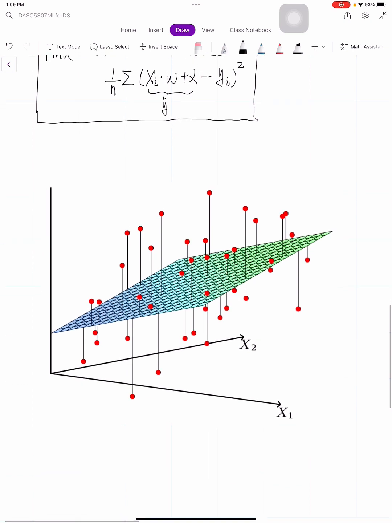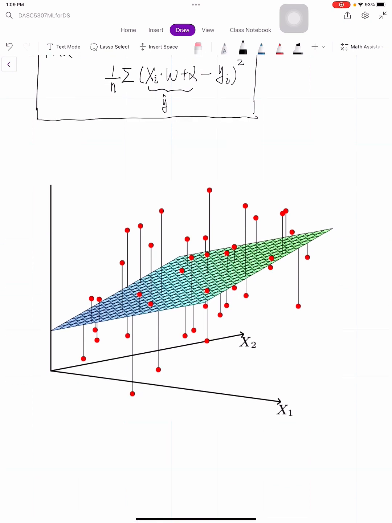So here is one example. Suppose we have a data set with 2 independent variables x1, x2, and the response variable is y here. And we have the 3D scatter plot.